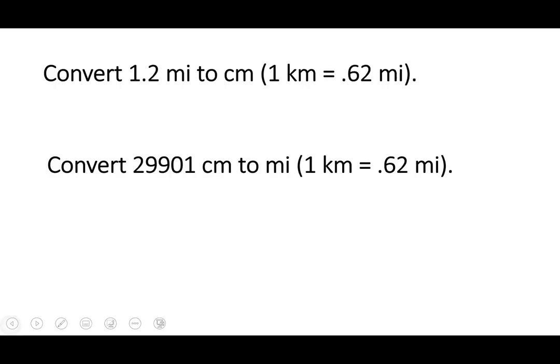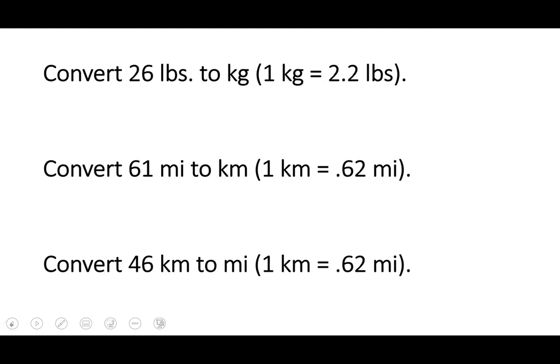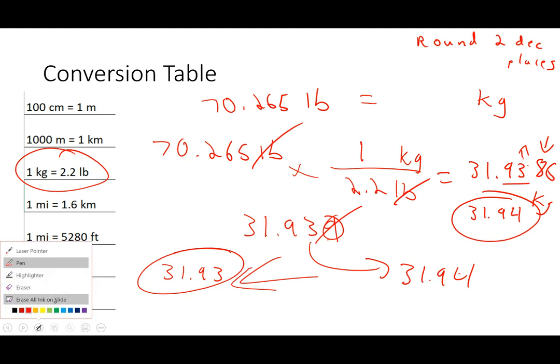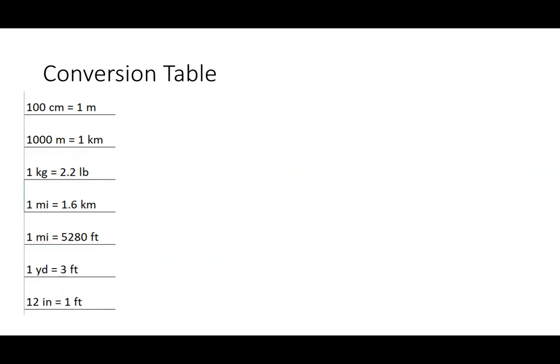Some conversions that you see will be two-step conversions. Let's take a look at this one. It says convert 1.2 miles. How many centimeters is this? Well, I'm going to start with my given. That's 1.2 miles, and I'm trying to get to centimeters. I don't have a conversion directly from miles to centimeters, so I need to go through multiple steps.